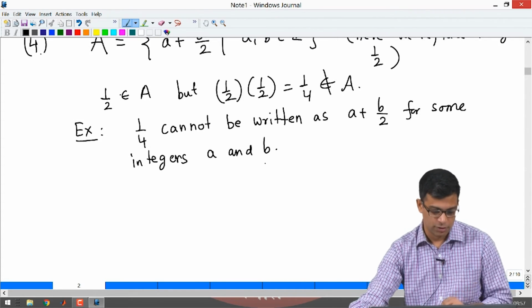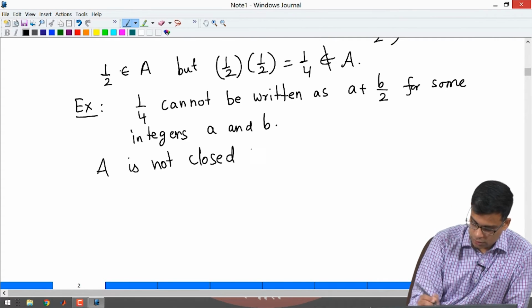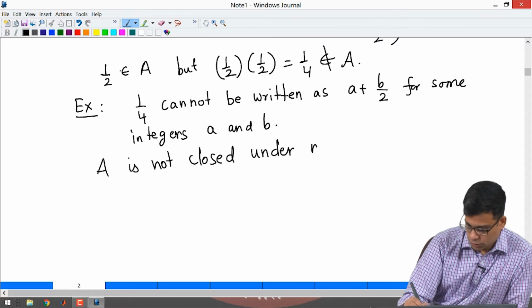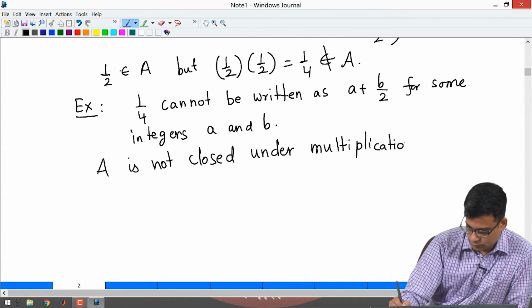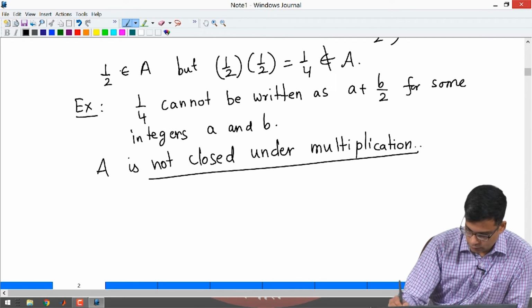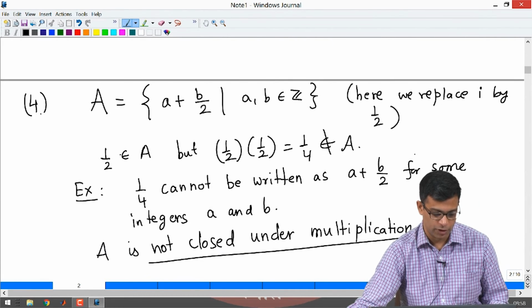So, what I want to highlight here is that A is not closed under multiplication. So, this fails one of the important properties for a ring that we will define now.